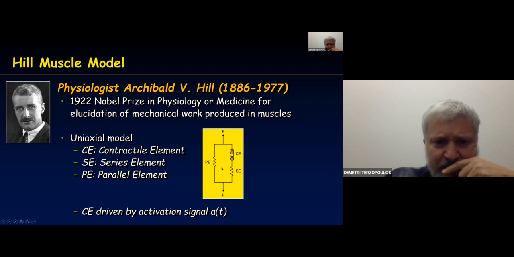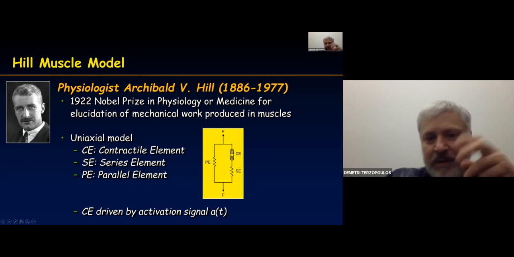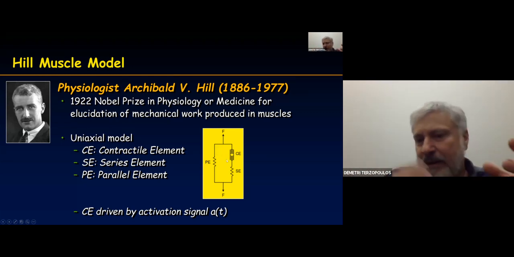It's composed of series and parallel elastic elements. So these are SE, series elastic, and PE, parallel elastic. You can think of them as simple elastic springs, according to Hooke's law, or they could be non-Hookean as well, but some kind of elastic response.